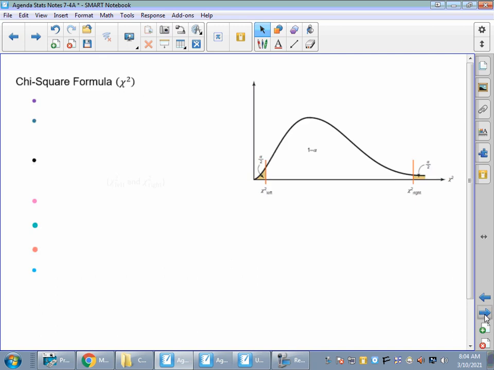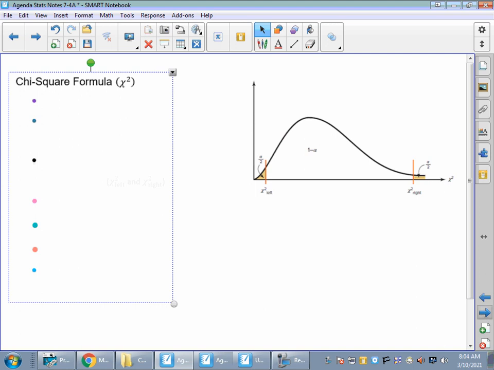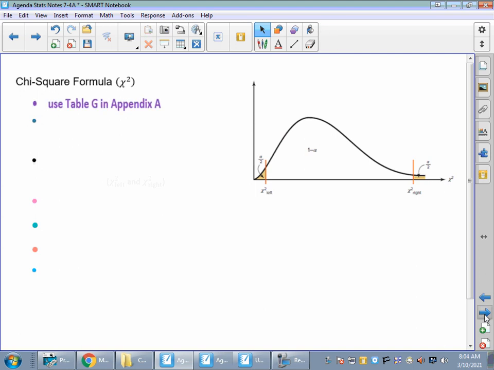Here in section 7.4a, we're just going to find the critical values. In 7.4b, we can make the confidence intervals because it is a little bit different. So if I'm looking for my chi-square values, first of all, it's table G in our book, Appendix A, which I believe is page 782.